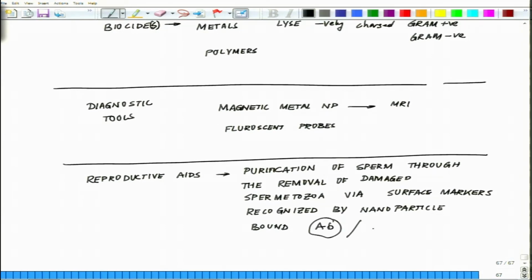AB stands for antibodies or lectins. Lectins are carbohydrate binding proteins.